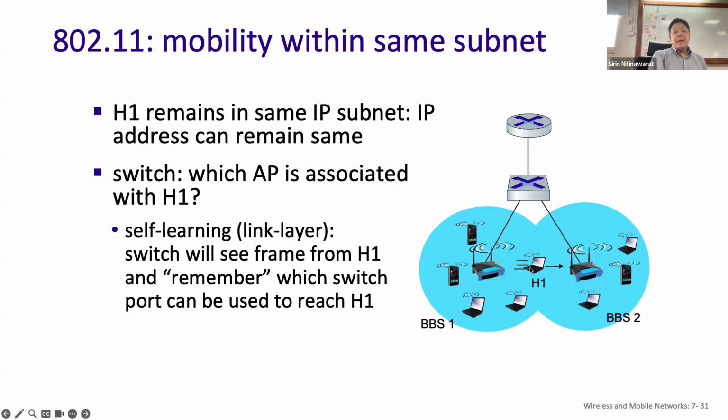So originally, if it's in this region, right, the traffic of H1 will come from this port. When it moves to the other region, the switch can self-learn to remember that, okay, after the movement, the traffic of H1 will come from the alternative incoming port instead.